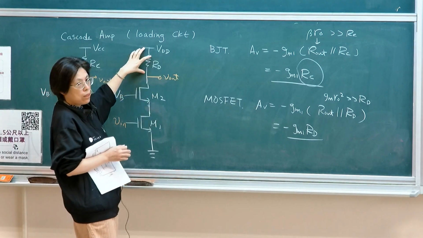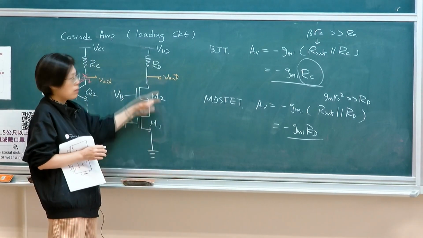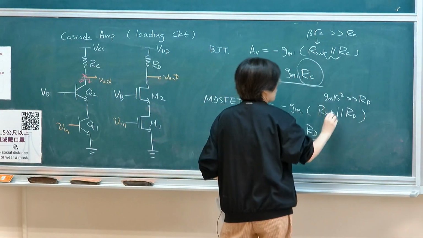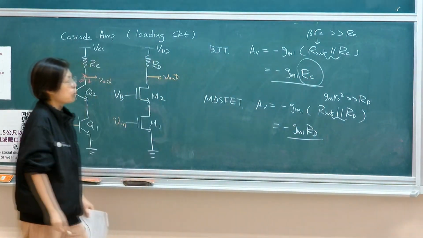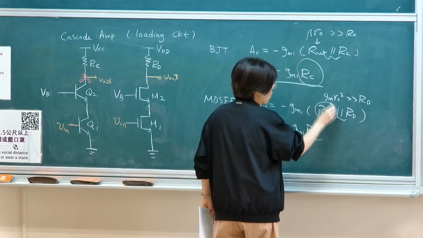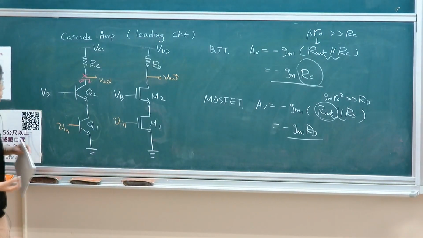Therefore, the low resistance path will dominate. Then you won't see the blockage effect of this high resistance because this is in parallel, so low resistance will dominate. So whatever you build up as your high output resistance will not be maintained.